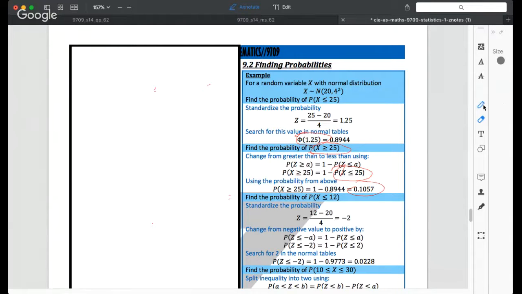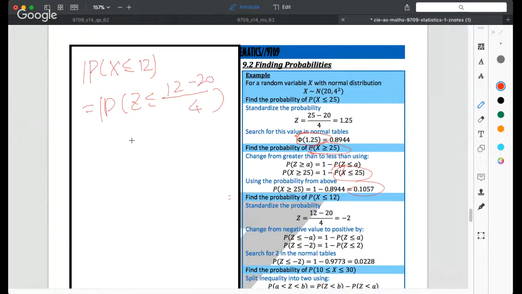For the next one, we have the probability of x smaller than or equal to 12. And by the same conversion, we have 12 minus 20 over 4, and we have minus 2. However, we cannot find a number minus 2 on the table, right? So what number should we look at instead?